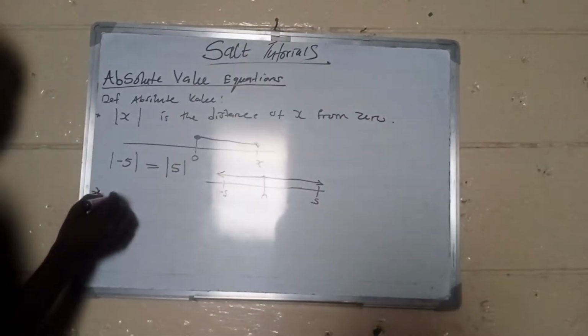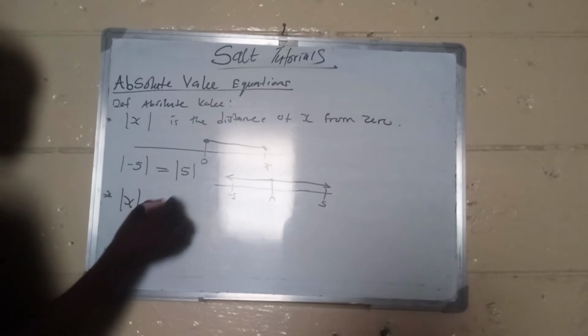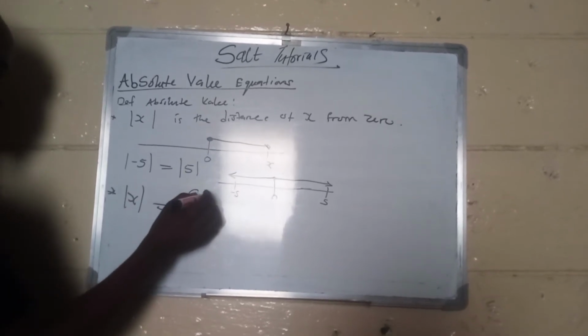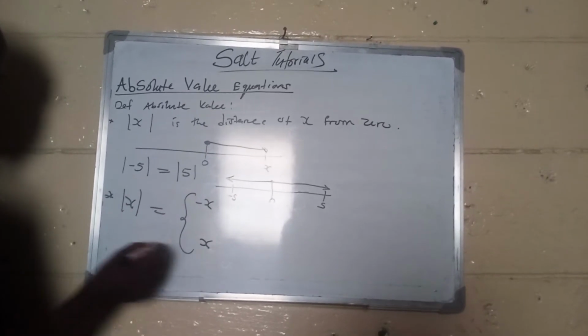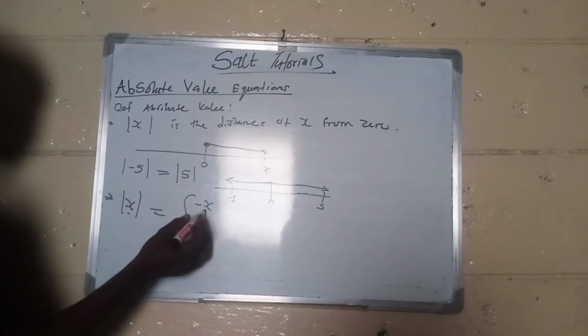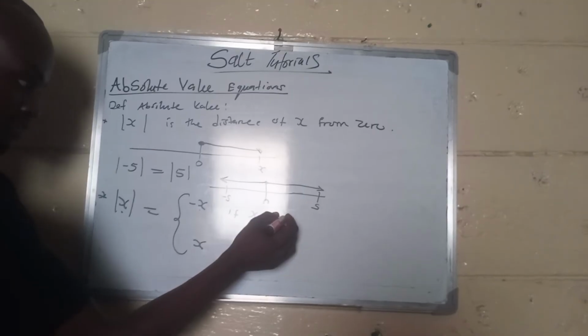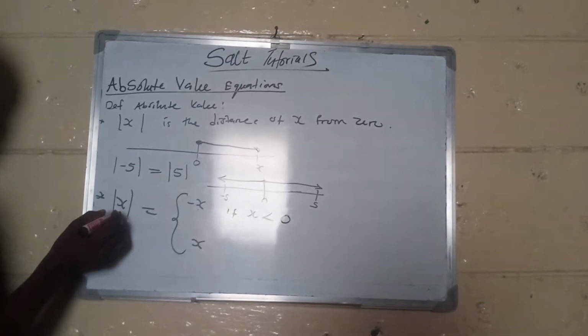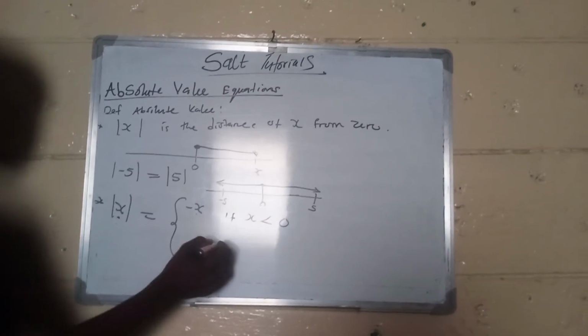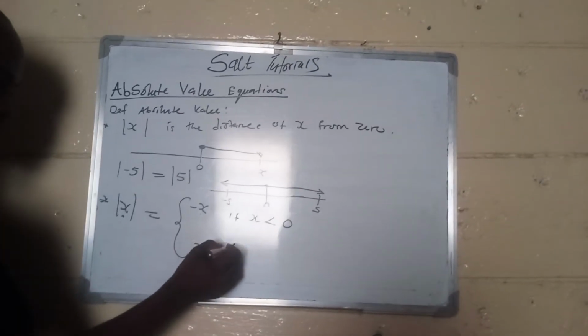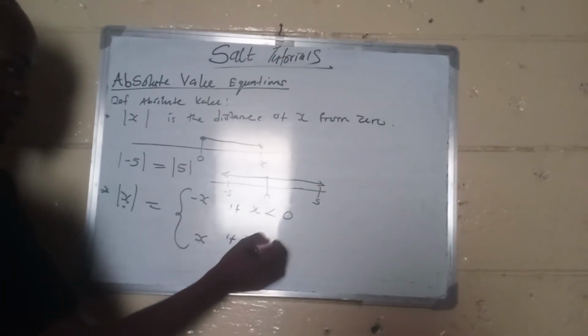So that is why we define the absolute value of x as something which can be negative or positive. This x can be negative x if x is less than 0, and the same x can be positive x if x is greater than or equal to 0.